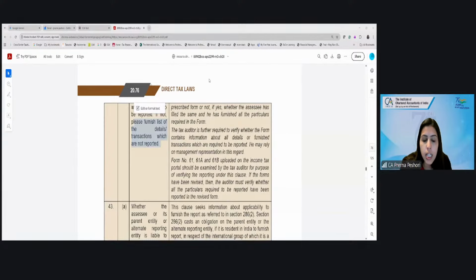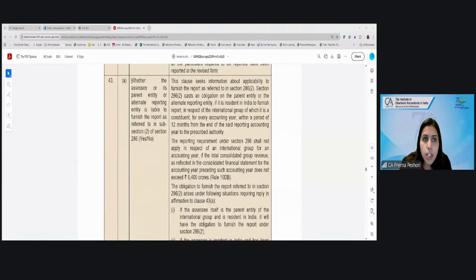Okay. Then 43 is whether the assessee or its parent entity or alternate reporting entity is liable to furnish the report as referred to in 286(2). Now again you will see this in the transfer pricing class. This is called a country by country report. What is this report?